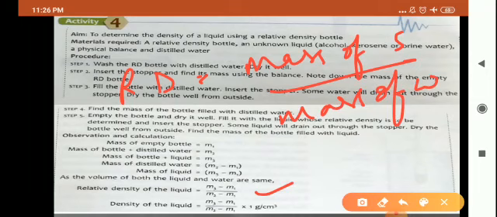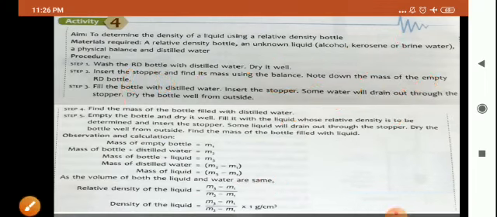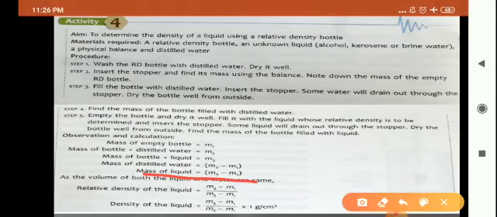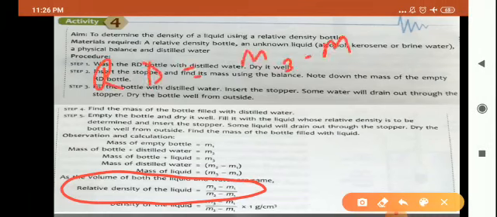See here, as the volume of both the liquid and water are the same, therefore the relative density of the liquid is equal to M3 minus M1 upon M2 minus M1. Look at this formula: RD of the liquid is equal to M3 minus M1 upon M2 minus M1. So what is M3 minus M1?